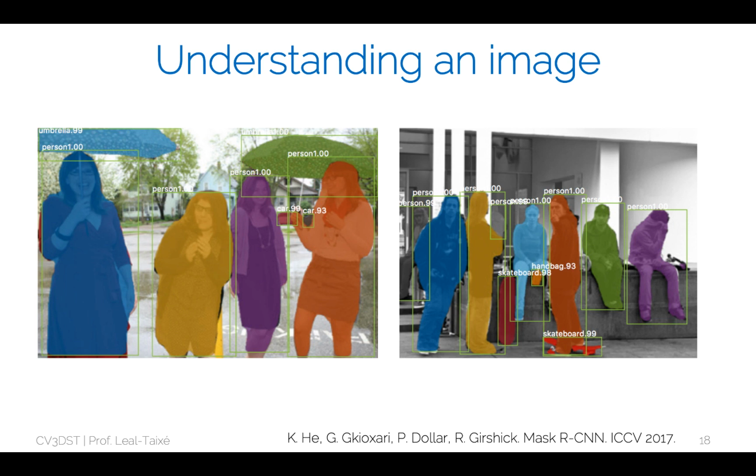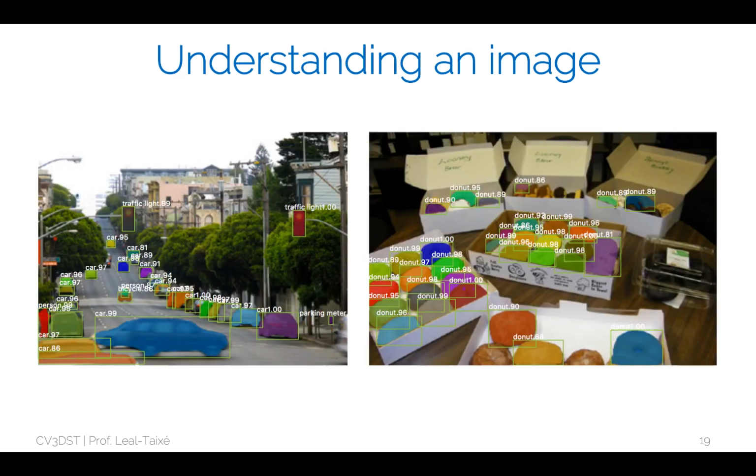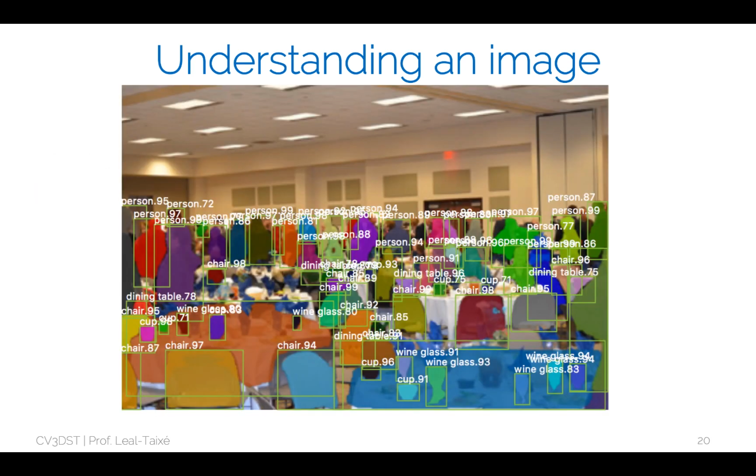So these are the results of Mask R-CNN, a famous method that we will also cover in the lecture. And you can see that there's a broad range of categories ranging from person, umbrella, skateboard, all the way to donuts. And you can actually detect a bunch of categories in a really precise way and put a mask around them.